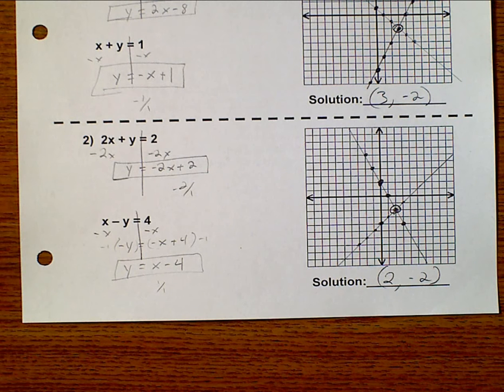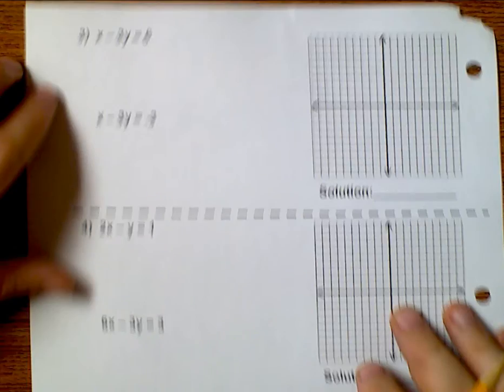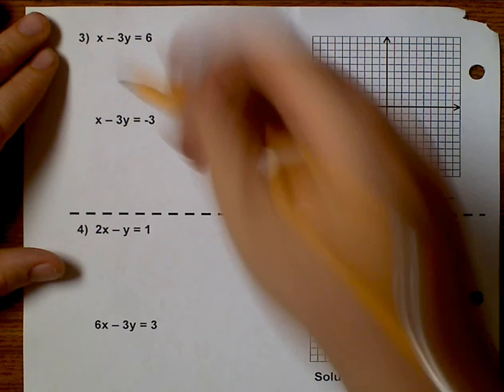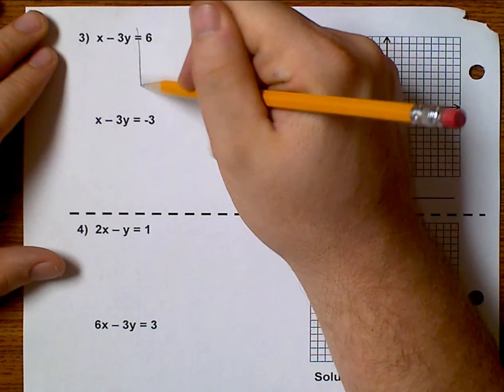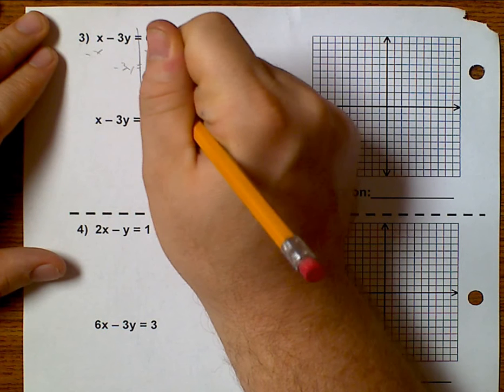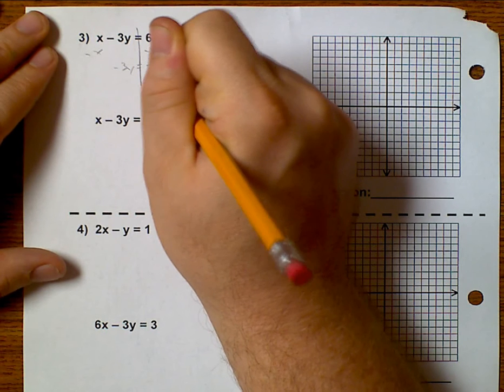Let's go ahead and take a look at example number 3. Go ahead and solve for y. I start by subtracting x. Negative 3y equals a negative x plus 6.